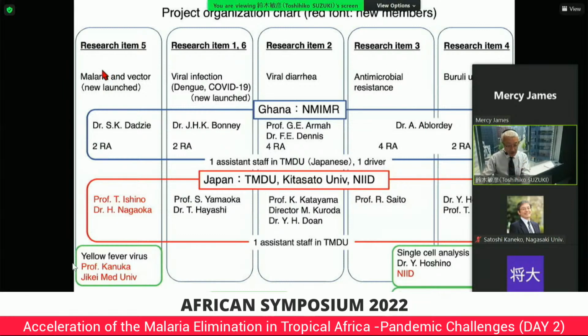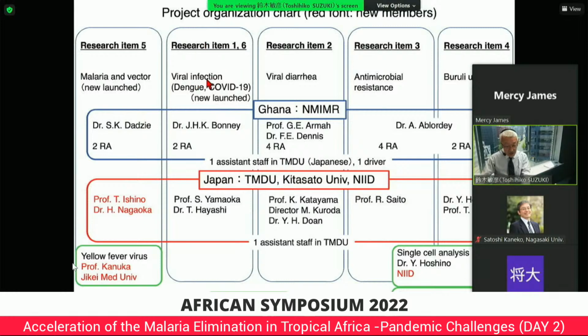From the left side, the project on malaria and vector mosquito. Professor Ishino of TMDU, who is also attending this meeting, is supervising this project. By isolating the malaria vector mosquito genus Anopheles from endemic areas in Ghana, we will analyze the interaction between the malaria parasites and microorganisms in the midgut of the mosquito.